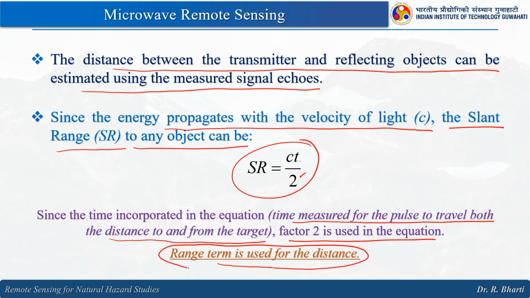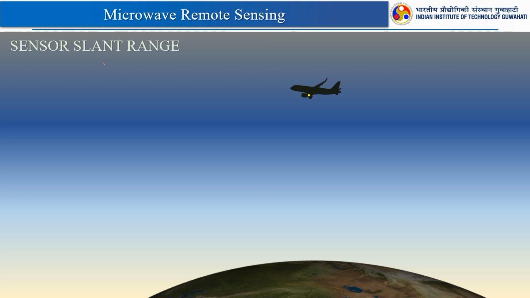In microwave remote sensing, you will always find the range resolution or range in many places. So, whenever range comes, it is basically the distance, right. So, sensor slant range, you see this is the aircraft, here you have the sensor, and perpendicular to the ground, this is the nadir, this is the flight direction, this is the horizontal plane, and this is the zenith, right.